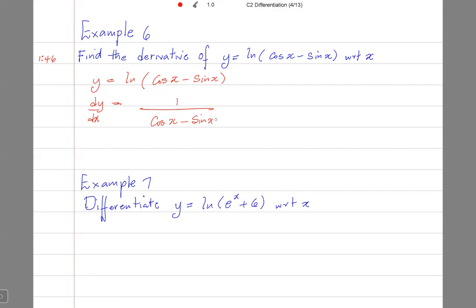Then we have to multiply by the differential of the inside function. We differentiate cos, you get minus sine. So this is minus sine x. If we differentiate sine, you get cos. So this is minus cos x.